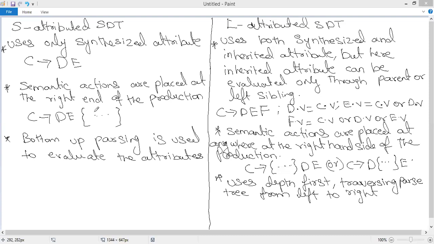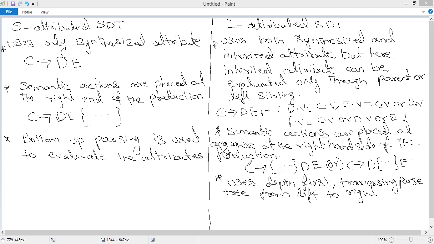The next difference is that in S attributed SDT the semantic actions are placed at the right end of the production rule. For example, for this production rule C tends to D, the related semantic rules should be present at the right end of the production. But in L attributed SDT, the semantic actions can be placed anywhere on the right hand side of the production.